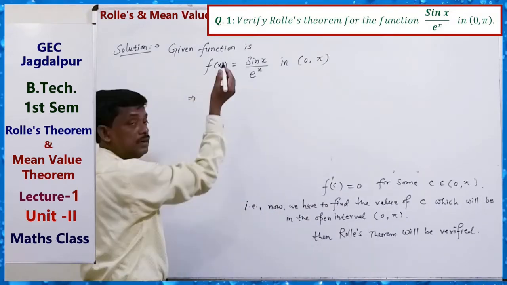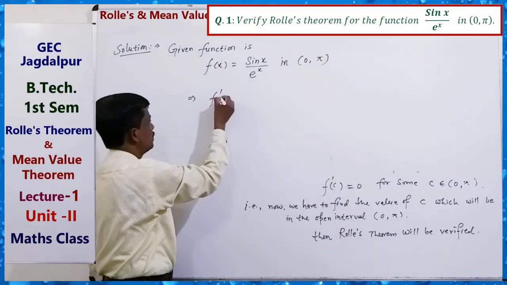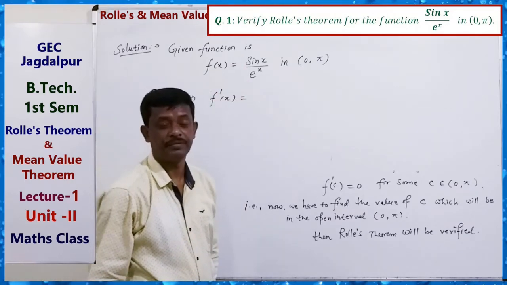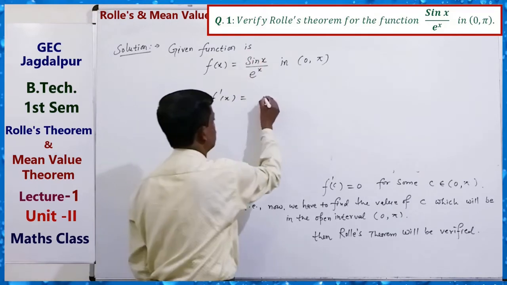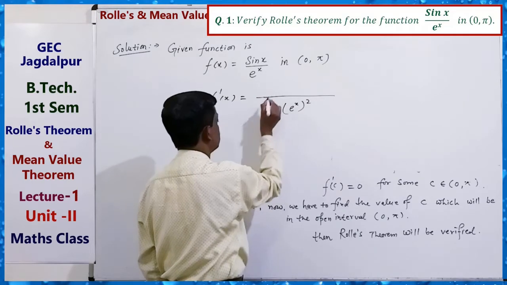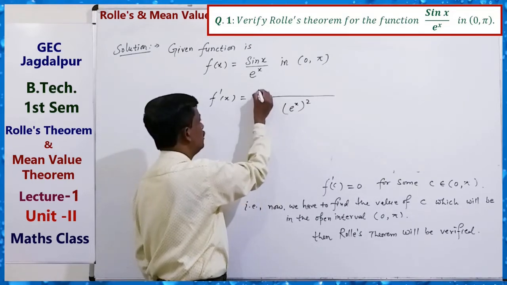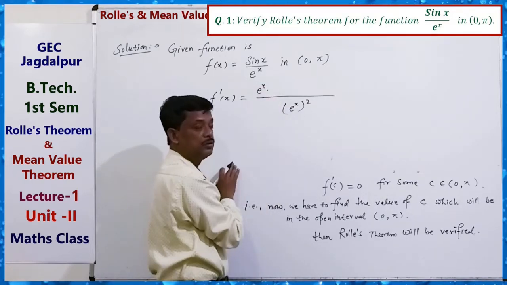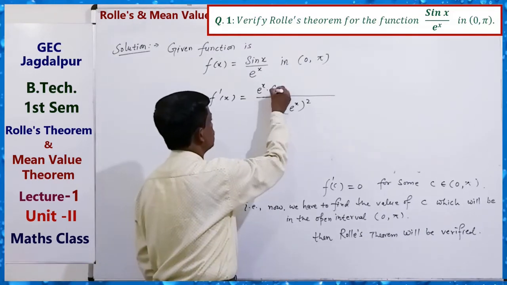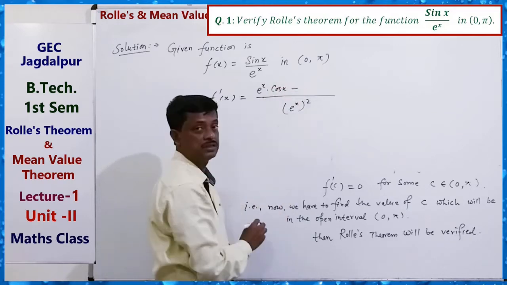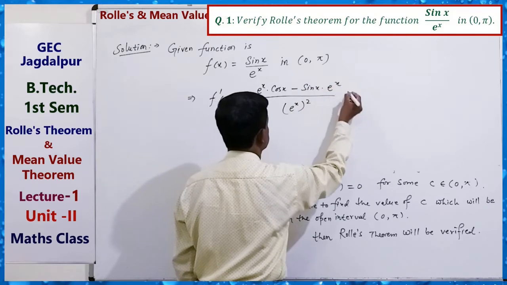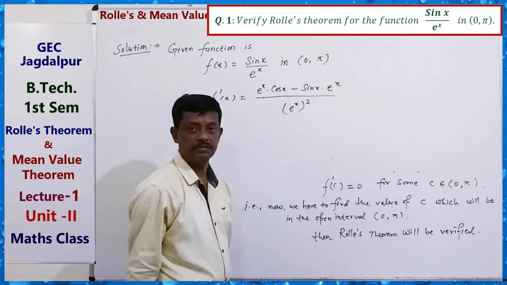we see that the derivative f dash x, just differentiate it, numerator upon denominator. So what? Denominator square, denominator into differentiation of numerator, sin x cos x minus sin x into e to the power x. This is the derivative.